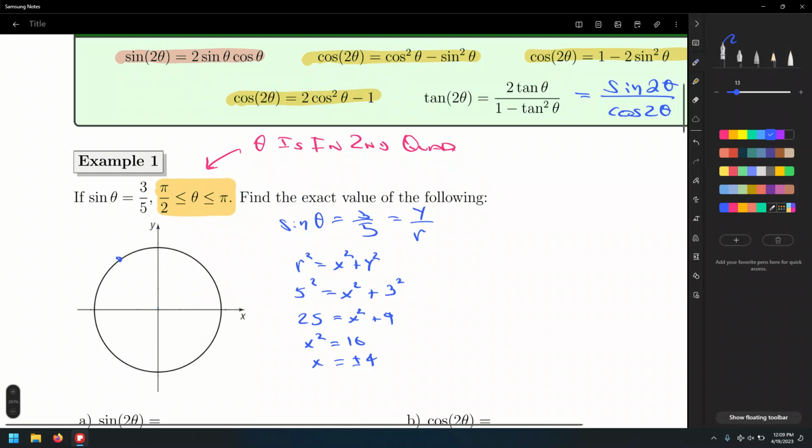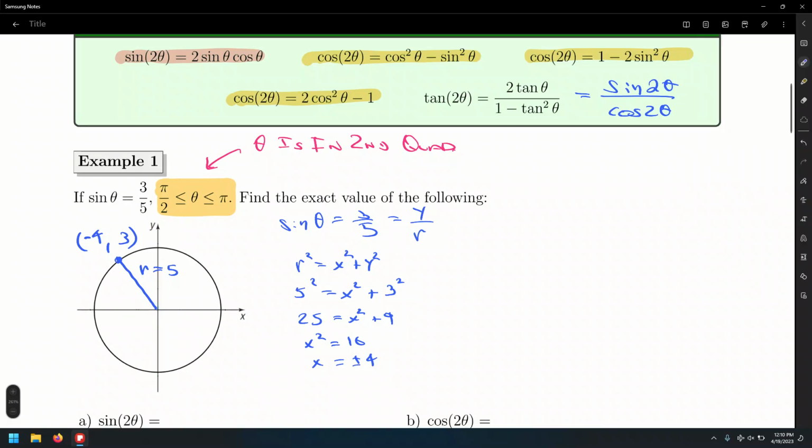Since the point is in the second quadrant, r equals 5, and y is 3. And if we take the number 4, since we are in the second quadrant, that means we have to take the negative sign. We need to go in accordance with the signs of the values in the Cartesian plane.